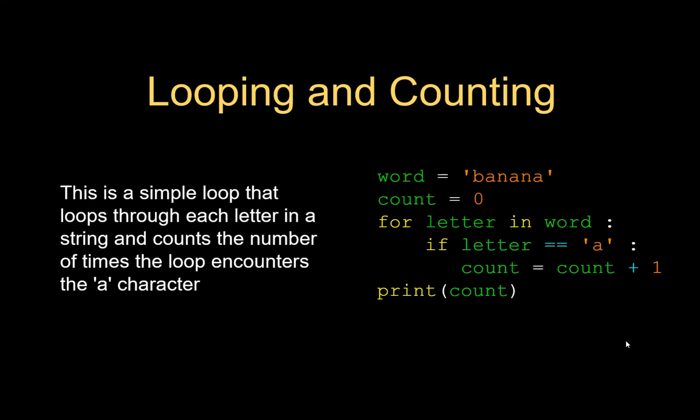Okay, so now this example is an example of looping and counting at the same time. So here we have our string assigned to word. We define a variable count, assign 0 to it, and we say for letters in word, same as before, and we say if letter is equal to character A, basically this is saying that if we come across a character A, we're just gonna increase our count by 1.